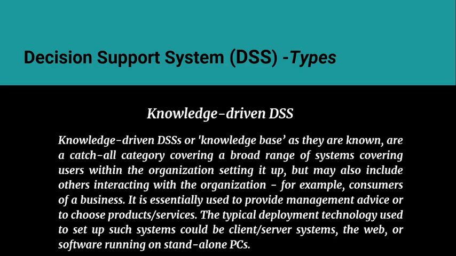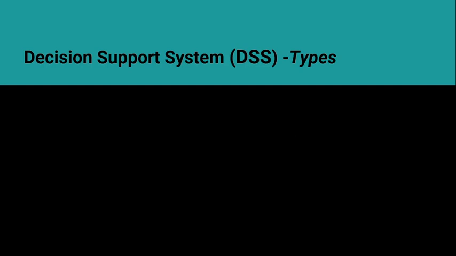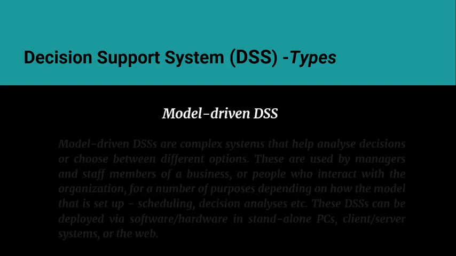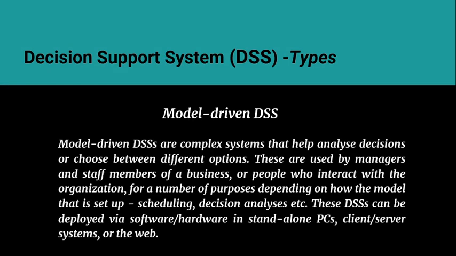And the fifth type of DSS is the model-driven DSS. These model-driven decision support systems are complex systems that help to analyze decisions or to choose between different options.